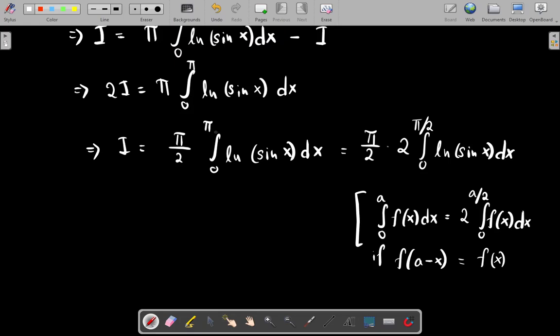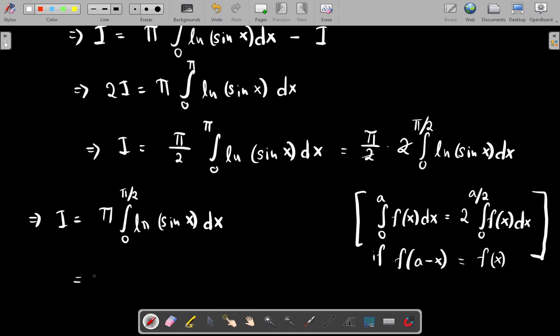So in this case our a is pi, and f(x) is ln sin x. So if you use pi minus x here, you will get this original f(x), right? So this is what I have used here. So we have I now equal to pi by 2 times 2, so this 2 will cancel, and we are left with pi times the integral from 0 to pi over 2 of ln sin x dx.